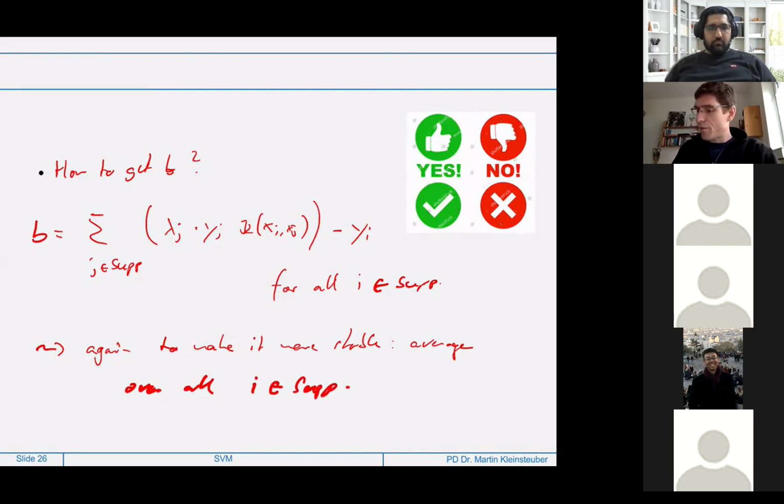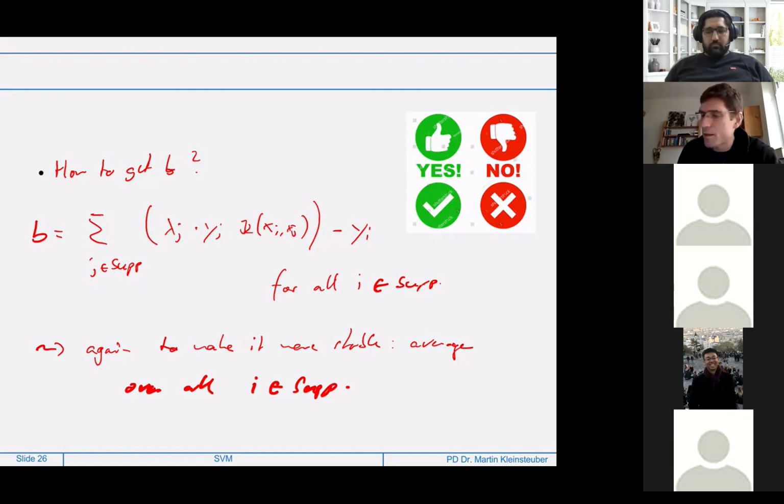So you have the support here twice. First of all, it holds true for all i in the support. And here you have the support by replacing the W star with a linear combination of all support vectors. So it's completely analogous to what we've done in the non-kernel case.